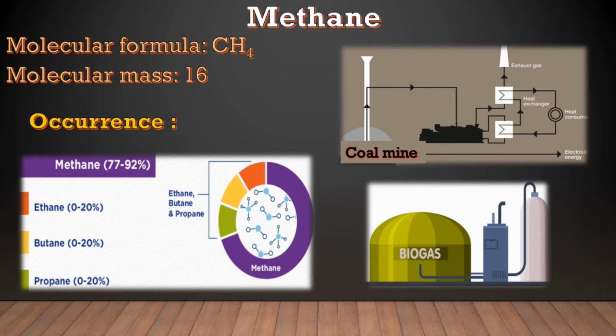Methane is released during coal, natural gas, and oil production and also transportation. Methane emissions are also caused by livestock and other farming activities like rice cultivation and also by the degradation of agricultural waste.